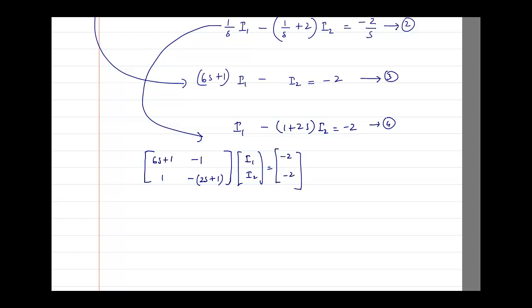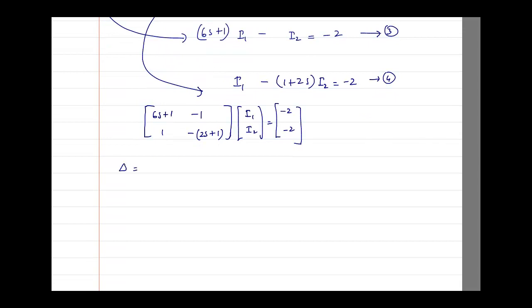Okay, so if I am to find out delta, it is basically the determinant of this matrix. It is going to be 6s plus 1 into minus of 2s plus 1, minus of minus 1, which is plus 1. If I take minus commonly, then 12s square plus 6s plus 2 is equal to 8s plus 1, the whole into minus plus 1.